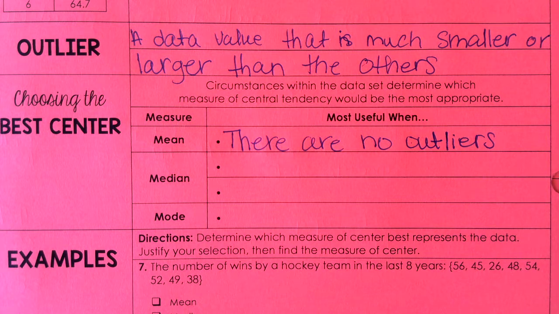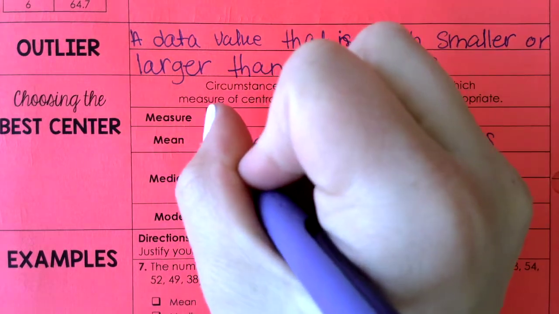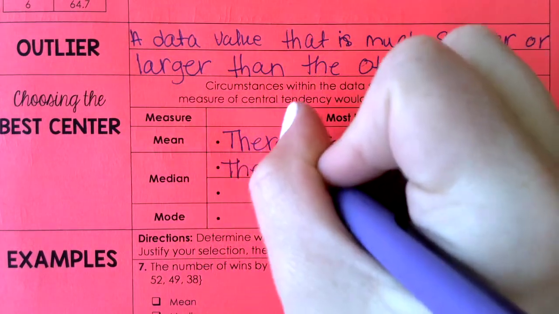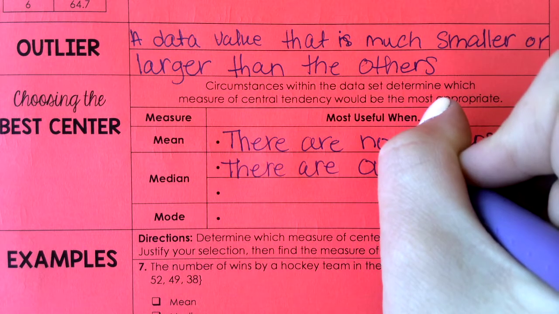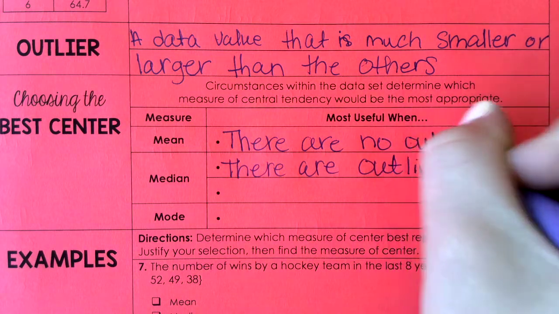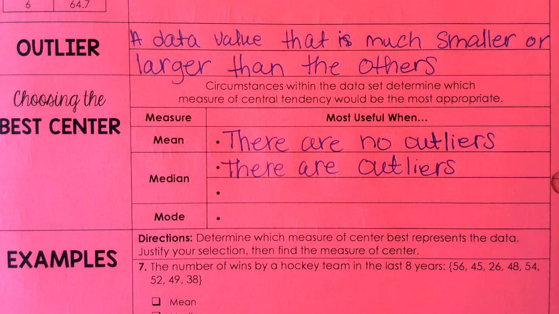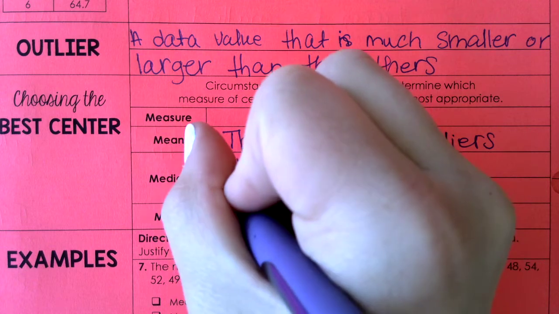There's two cases when I'm going to want to use the median. That's when there are outliers. Or the middle of the data contains no big gaps.